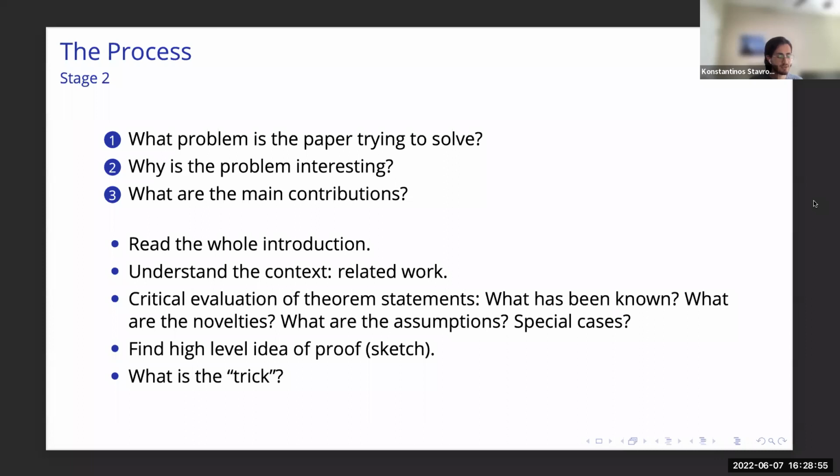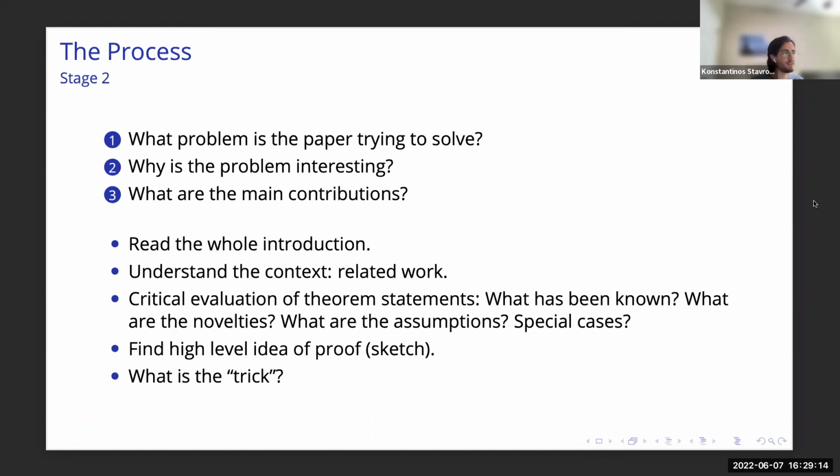So I think that every paper has some central ideas and some trick, and this is the main driving force behind the paper.